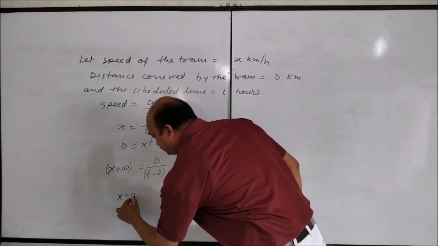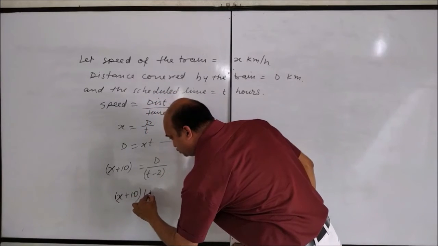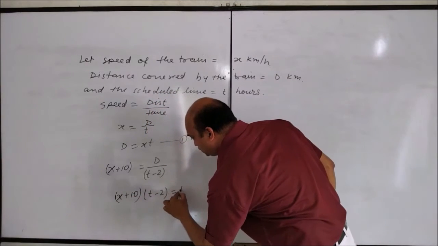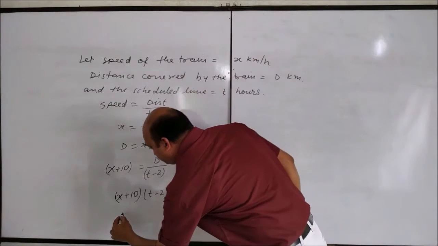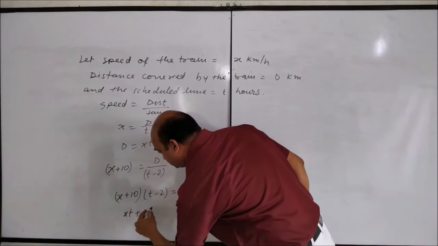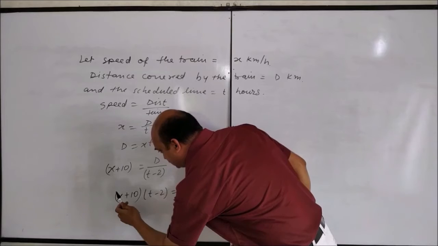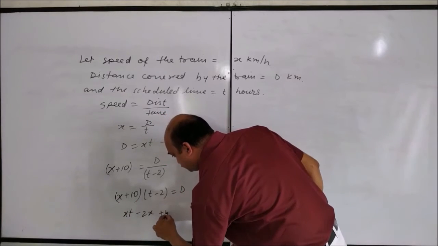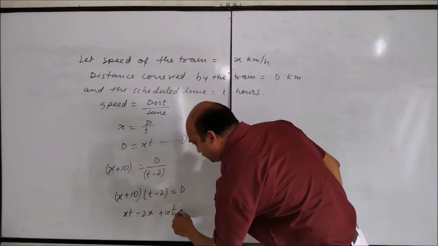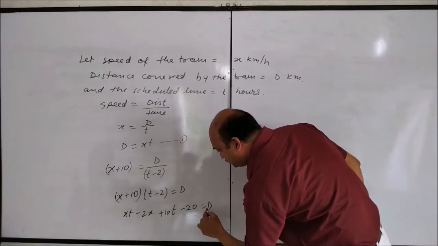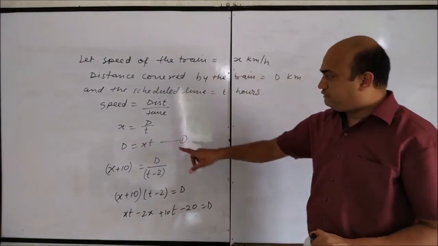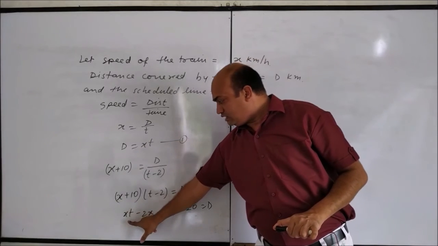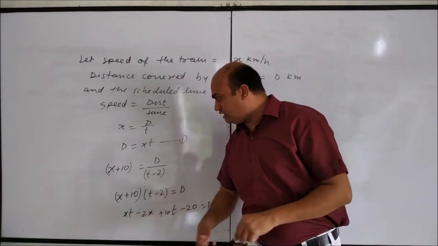It is x plus 10 into t minus 2 is equal to d. That will be xt minus 2x plus 10t minus 20 is equal to d. The value of d is xt, so in place of xt we write here d.